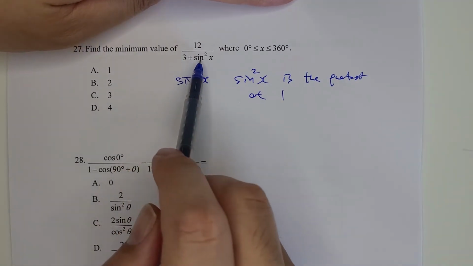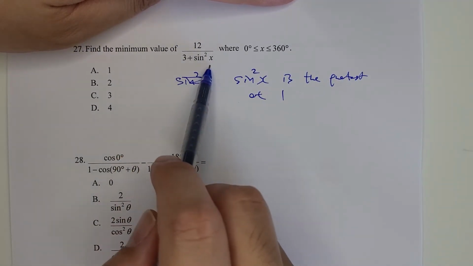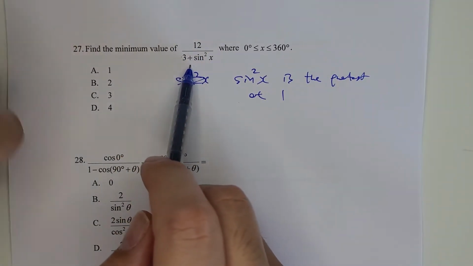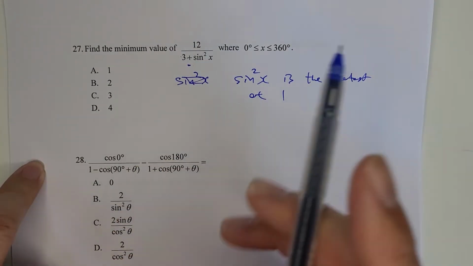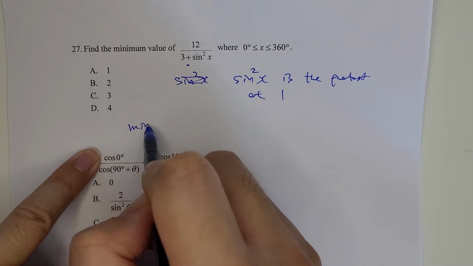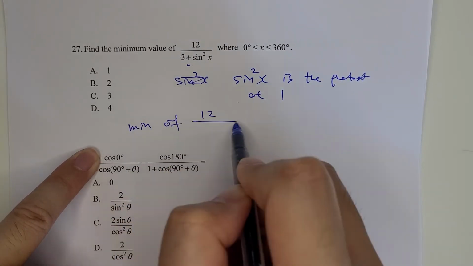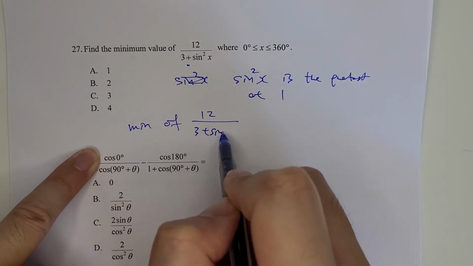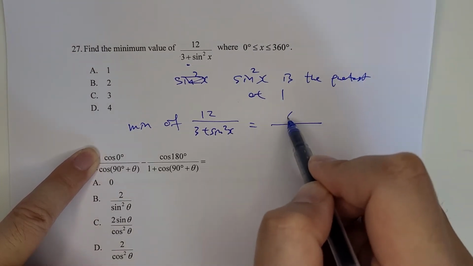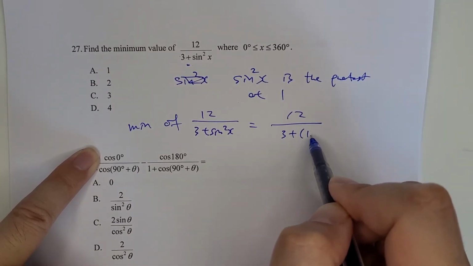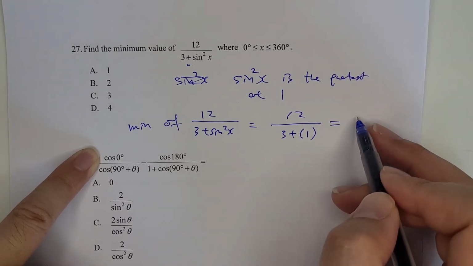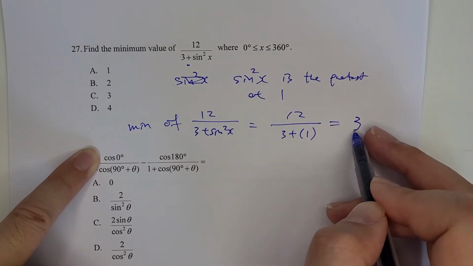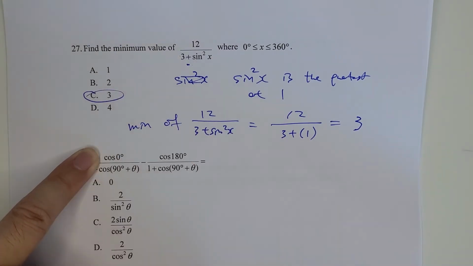When you want to find the minimum value of this fraction, you want the denominator be the greatest. So the minimum of 112 over 3 plus sine square x will equal to, when it happens at sine square x equals 1, so that is 3. The answer is C.